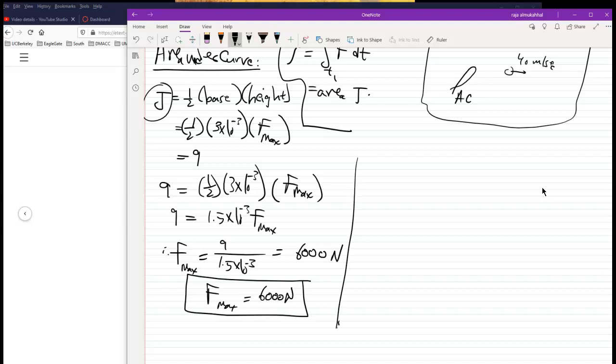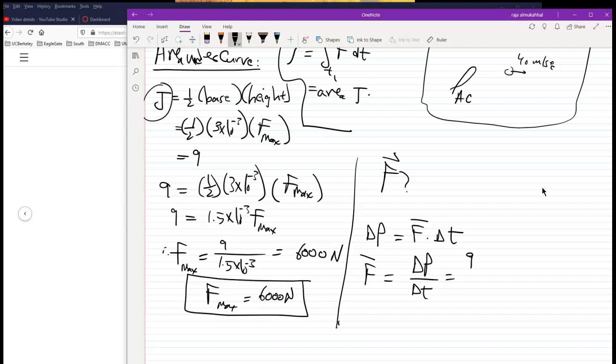If I want to get the F average, how do I find the F average? Well, we know that delta P is equal to F average delta T. The usual formula, that simple formula. So F average is delta P over delta T. Delta P, we got it, which is basically the impulse, right? It's equal to 9.